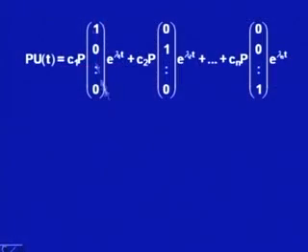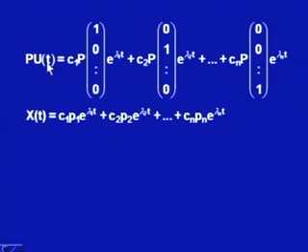So, P of u(t) is equal to C1 P of this vector e^(lambda 1 t) plus C2 P of the vector multiplied by e^(lambda 2 t) and so on. That makes P u(t) as x(t), the function x is a function of t, equal to C1 and I write down P into (1, 0, 0).